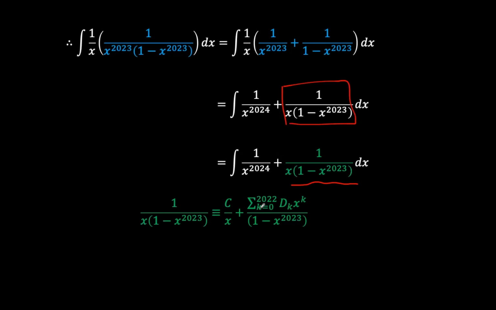We have done this as a summation from k equals 0 to 2022. So we have d0, d1, d2, d3 up to d2022, with x to the power 0 all the way to 2022, which is less than 2023. To write that in a more explicit fashion, we have c over x plus d0 plus d1 x, d2 x squared, up to d2022 times x to the power 2022, all over 1 minus x to the power 2023.